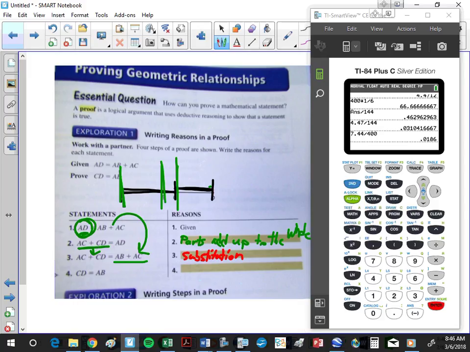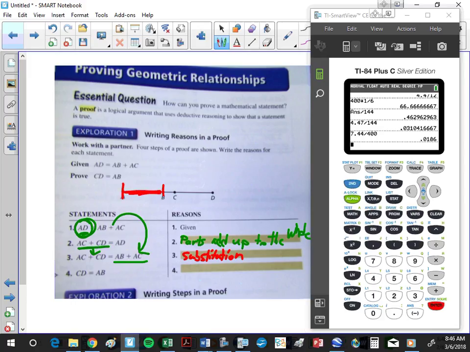Okay. And now number 4, that tells us that CD is equal to AB. Now this is a little bit tricky, so let me help you out. Okay, I know that this plus, well, let's do it.